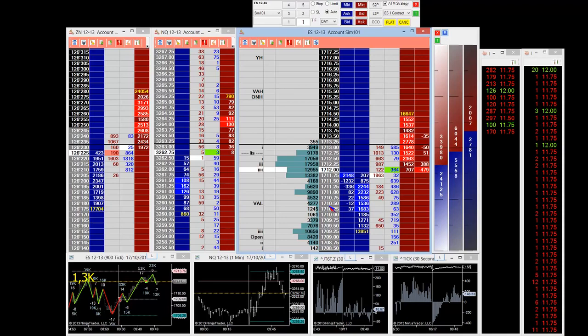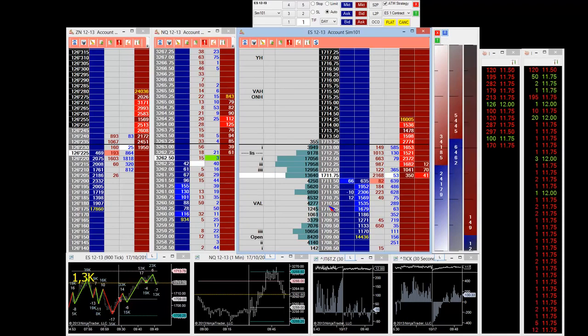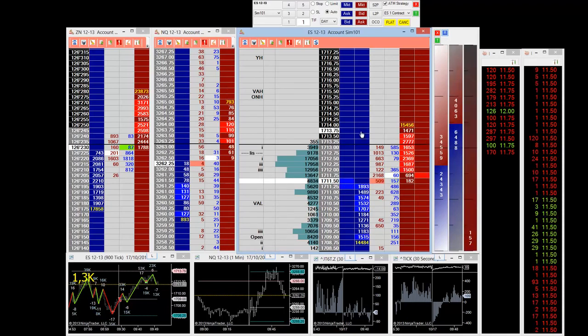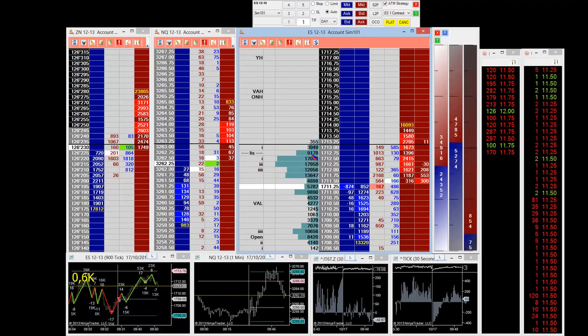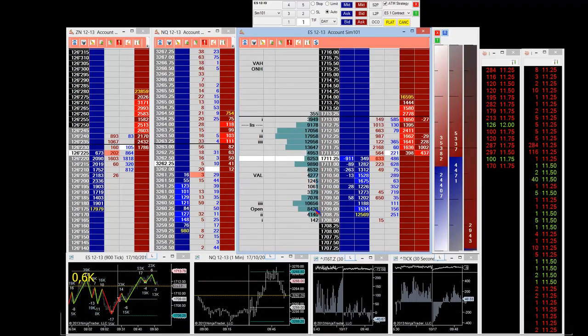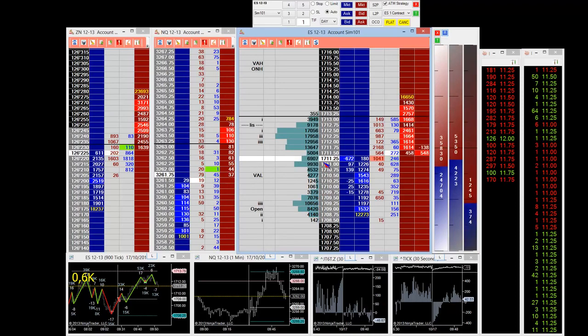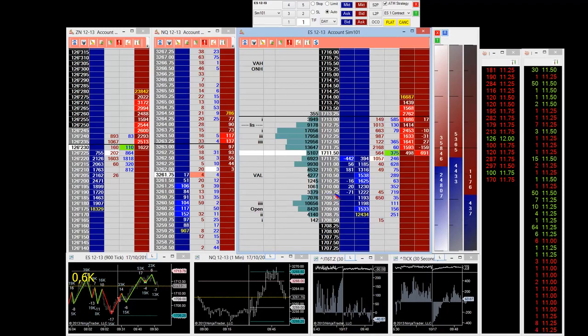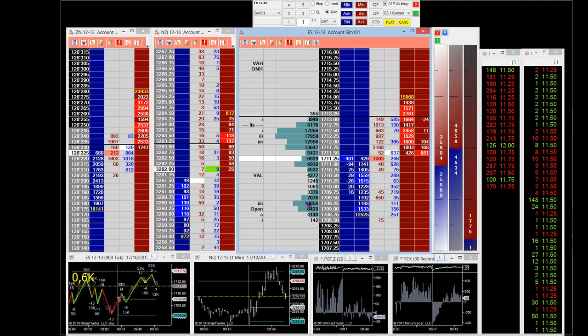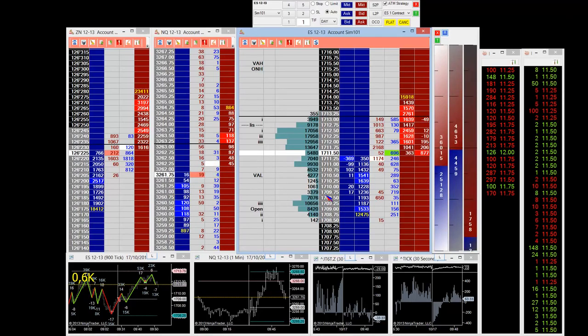Now, the other thing about these thick areas on the volume profile: if we move down now to 1709.25, it's a little bit thicker down there. We can reasonably expect the move from 1710.50 down to 1709.75 to be fairly rapid, and then for it to slow down as it enters the thicker area below.